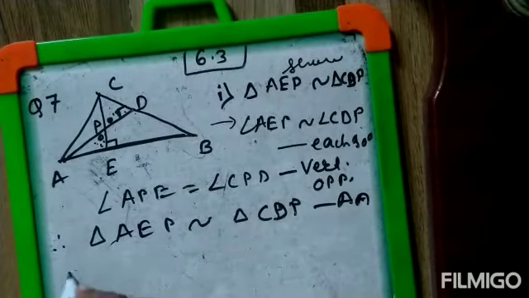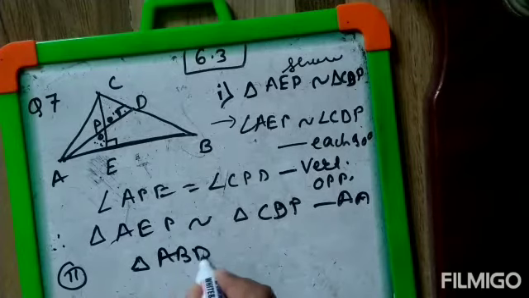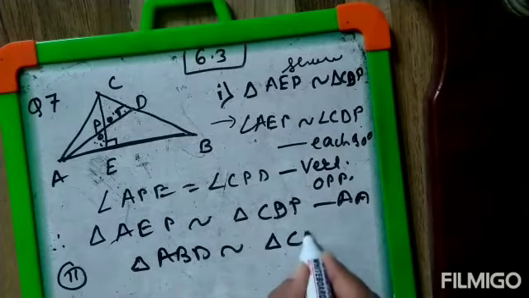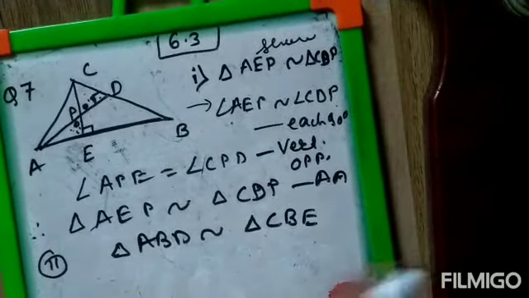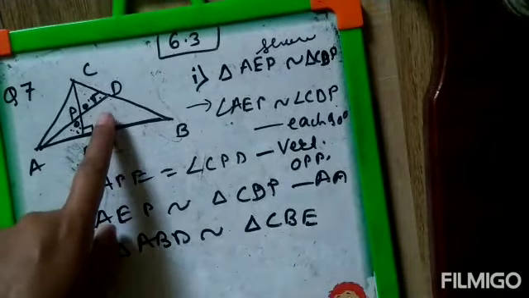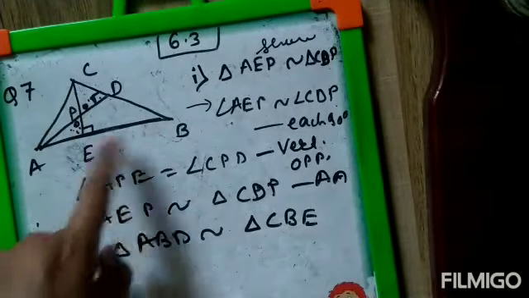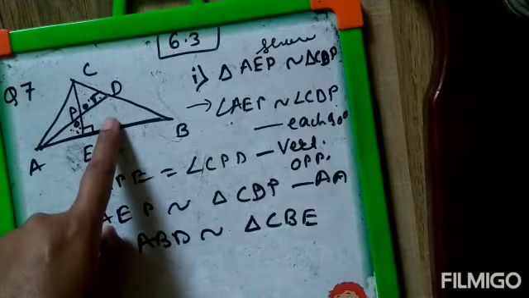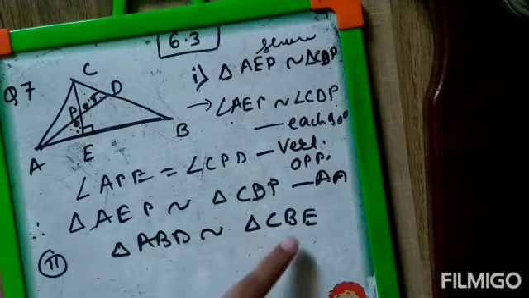Now second one, we have to show triangle ABD is similar to triangle CBE. Check again the figure. ABD and CBE, this one triangle. Again D and E, corresponding 90-degree angles are here.